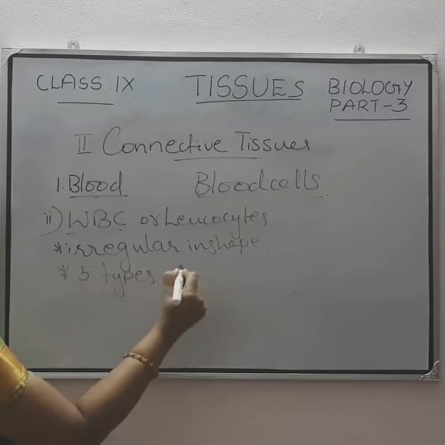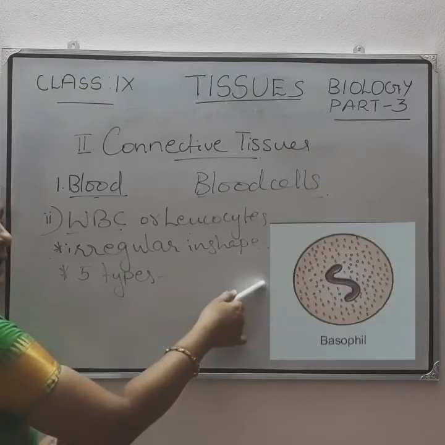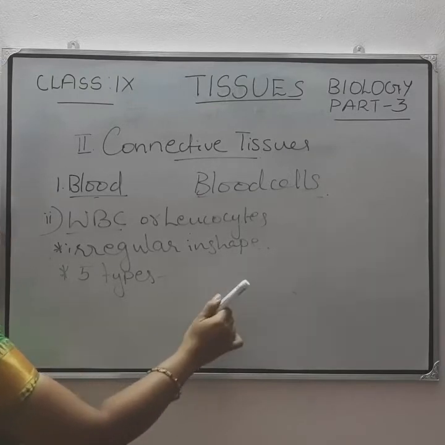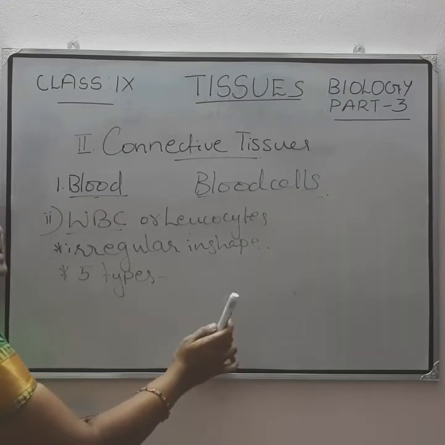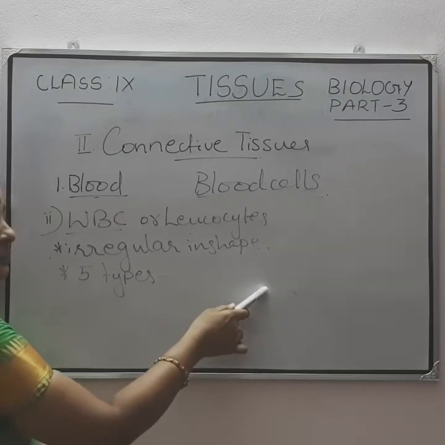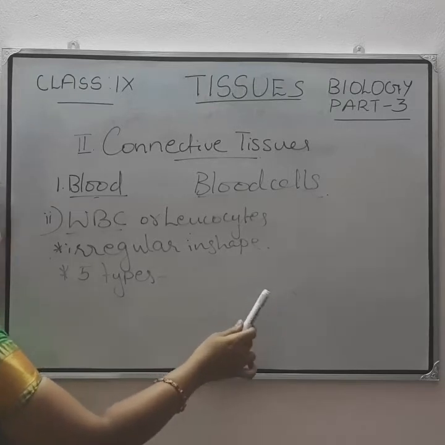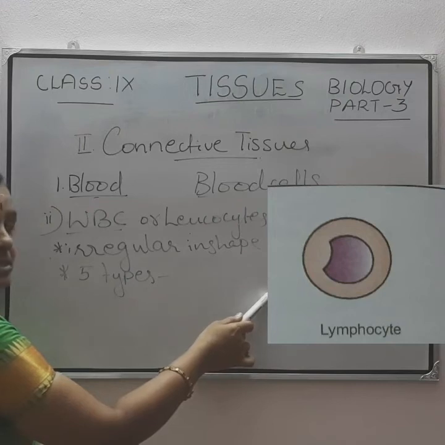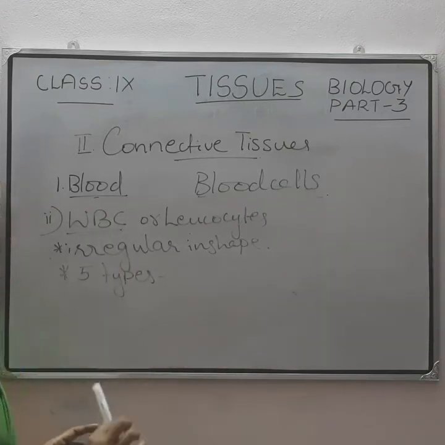Which are the 5 types? The first one is basophil. Second is eosinophil. Third is neutrophil. Fourth is monocytes. And the fifth is lymphocytes. These are the 5 types of WBC present in blood cells.